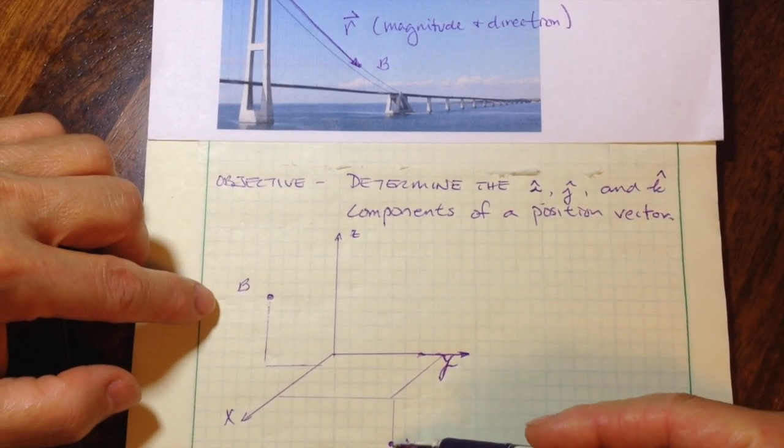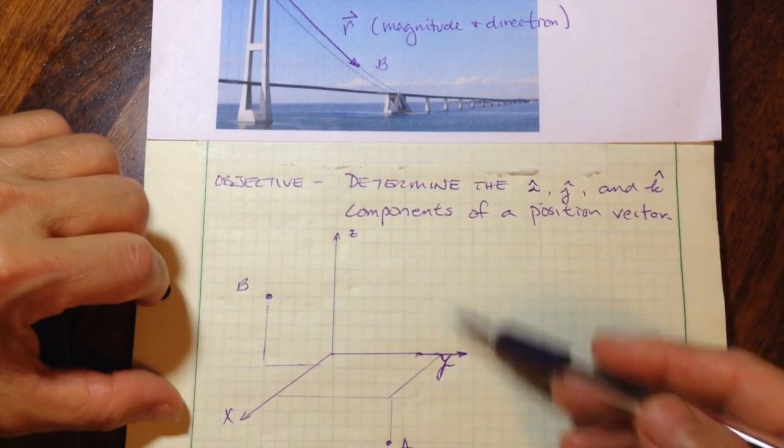Let's say we're given point A and point B in this coordinate system.